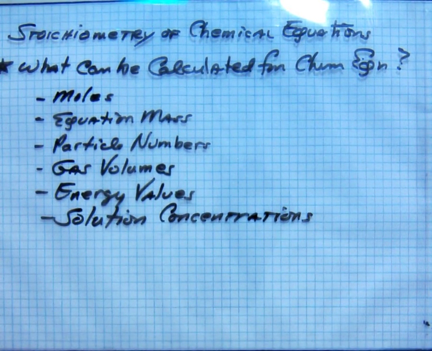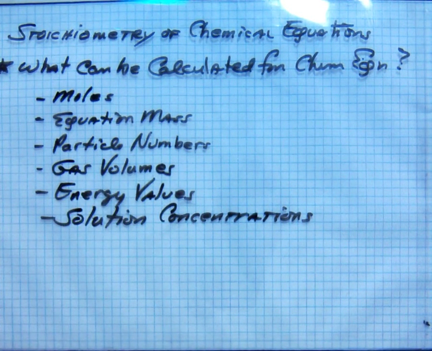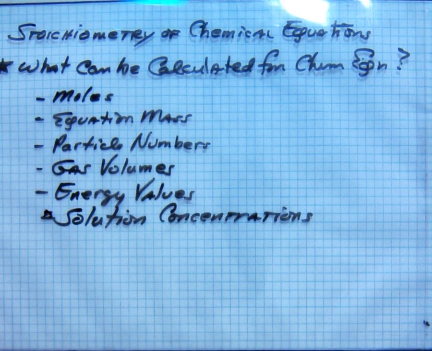So the first 3 will be presented right now, and as we go through chapters 4, 5, and 6, we'll pick up the other ones. We'll show you a brief introduction to solution data and how to deal with that. It's called volumetric titrations, and we'll do some of that in the lab also.